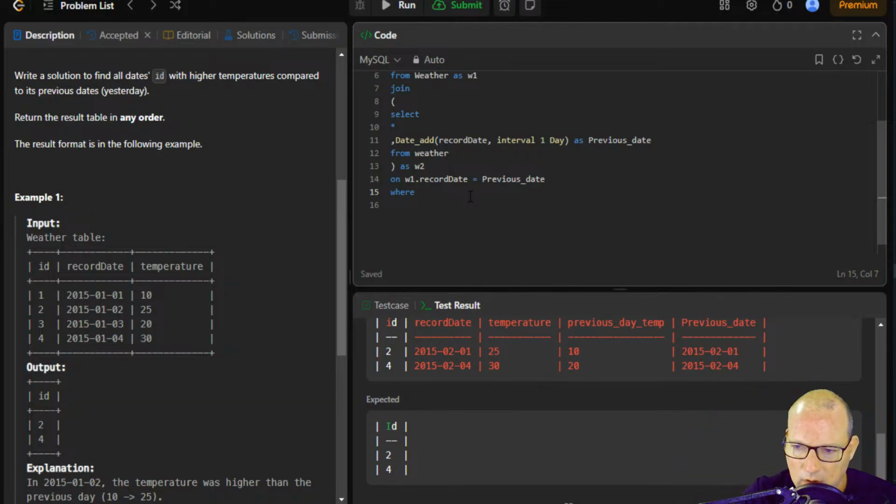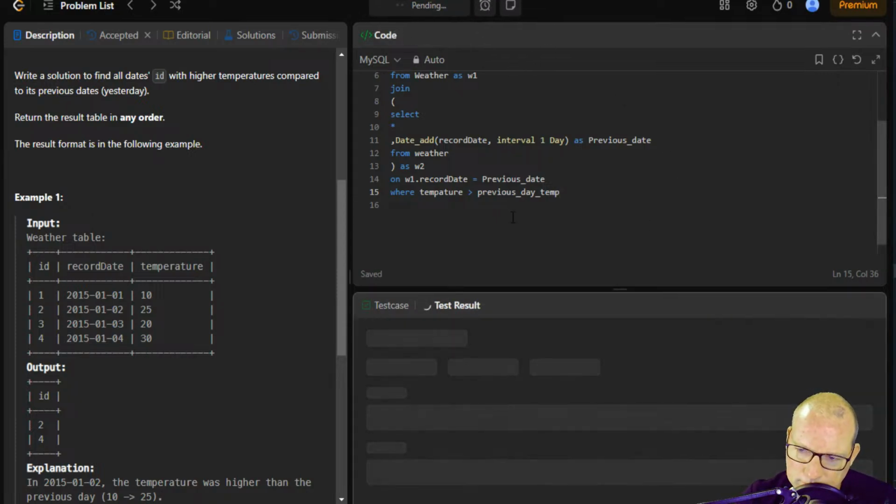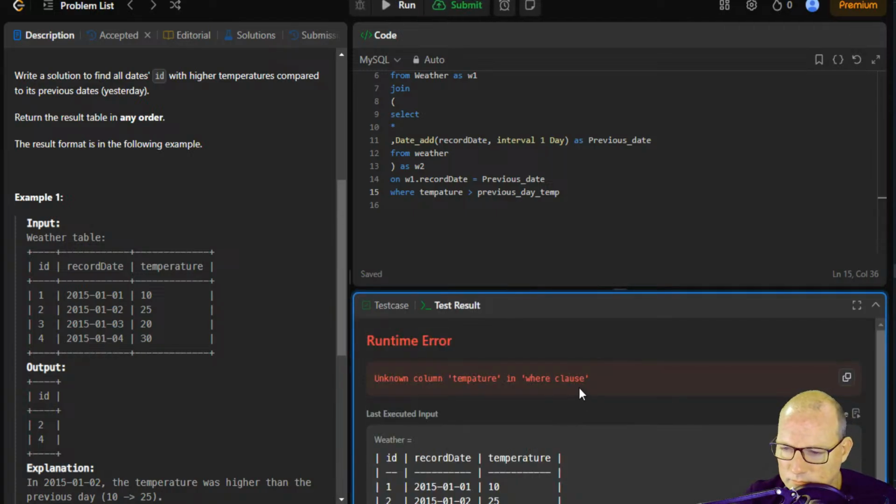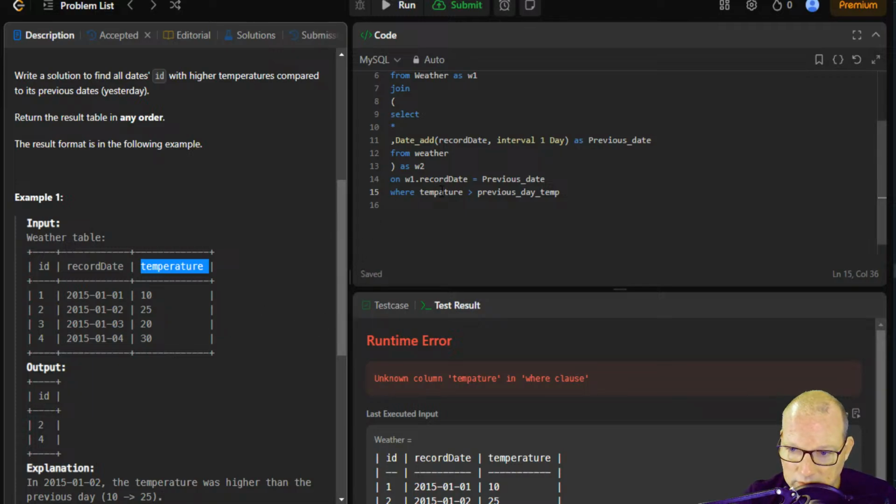Where temperature greater than previous day temp. All right. This should pass all of them. Well, still misspelled. Yep.